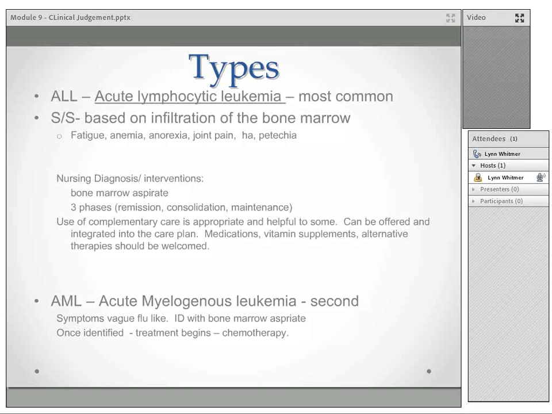Oftentimes when we're talking cancers, especially in children, well, adults too, we talk about the complementary care or homeopathic care, other types of direction we might want to take when we're looking for cures. Most people with cancer are looking for anything that they think is going to help. Scientific research has shown that a lot of the complementary therapies may be more psychosomatic, but indeed they have been found to be beneficial.